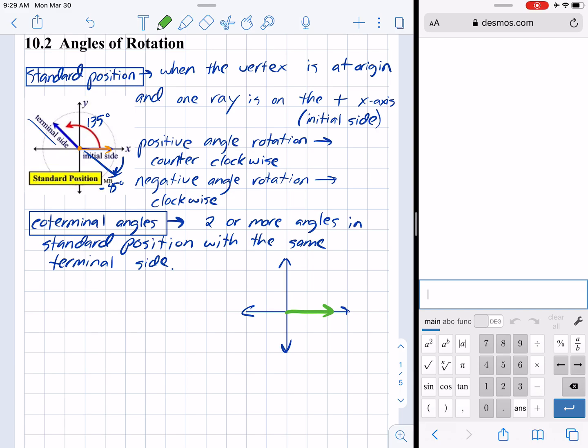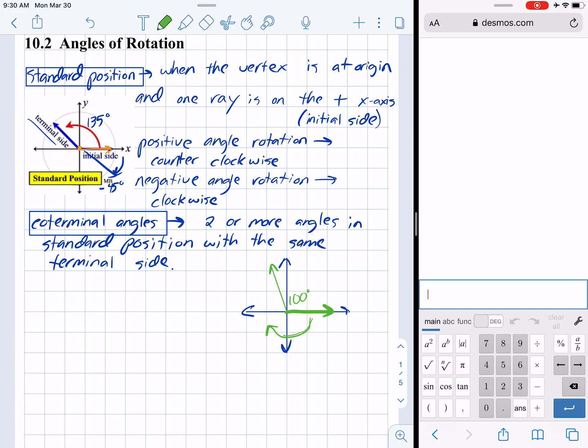Say we had an angle that was, let's say, 100 degrees. Here's a 100-degree angle. Well, we could also have the same exact angle in standard position if we rotated clockwise. Now this would have to be negative, and that's fine. This would be negative 90.